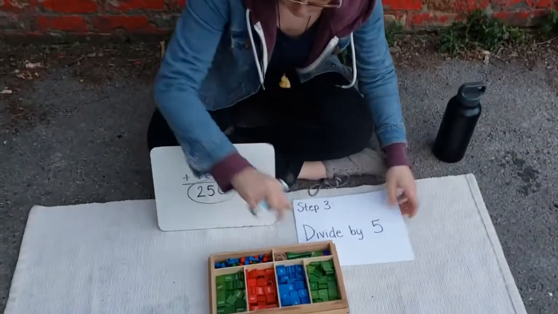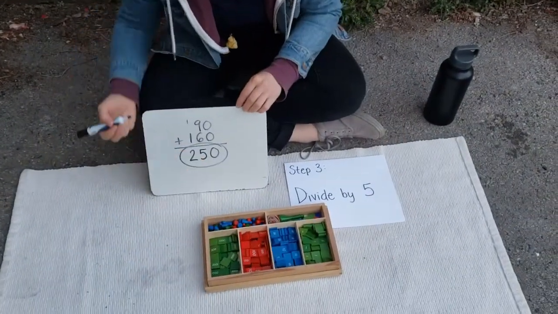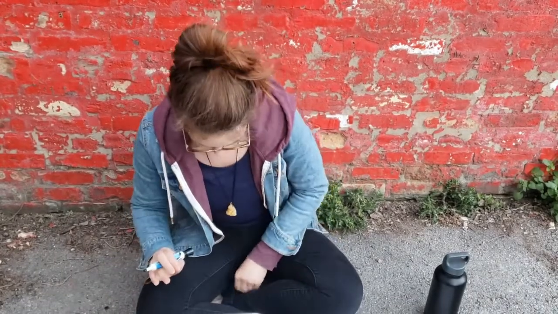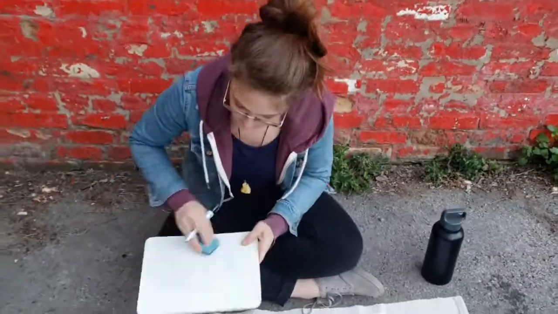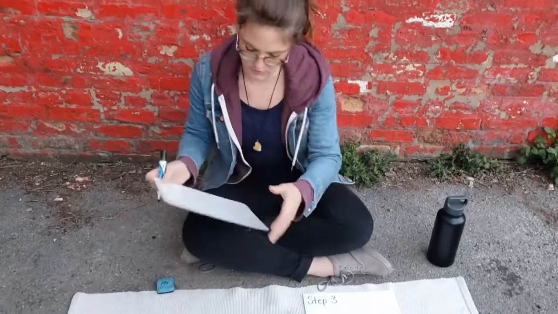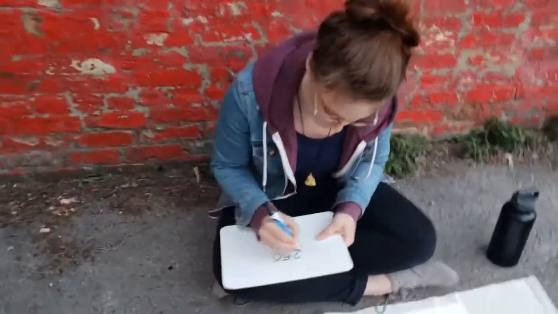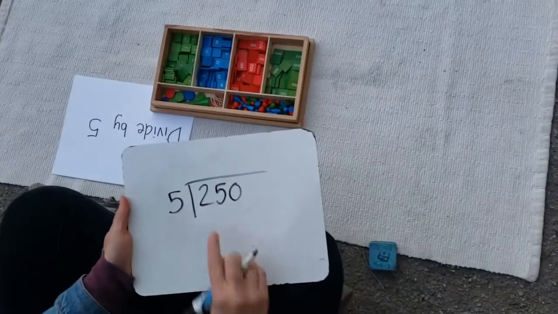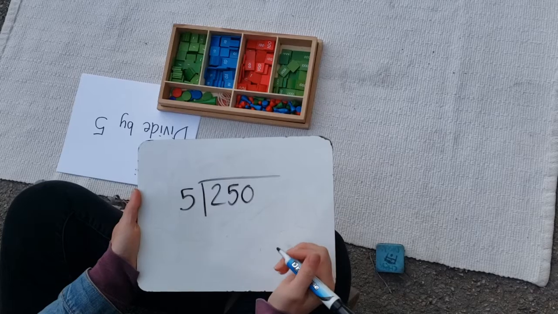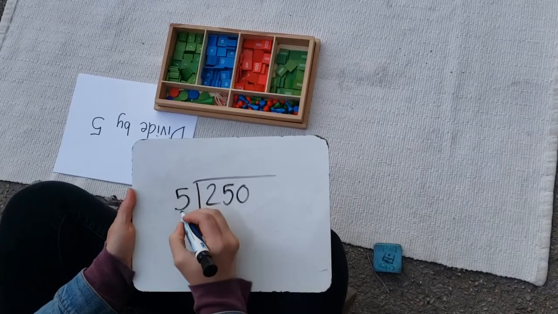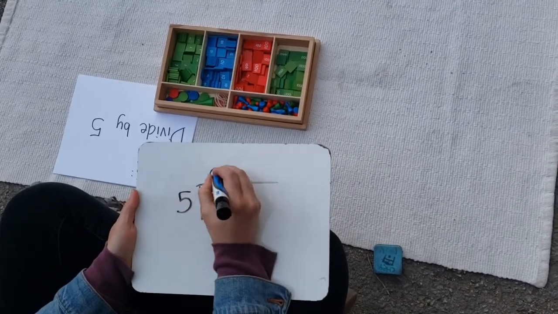And then the final step, step 3, divide by 5. So that means 250 divided by 5. I'm going to show you that in a couple of different ways. First, for those of you who are already doing abstract math or division, we have 250 divided by 5. How many times does 5 go into 2? 0.